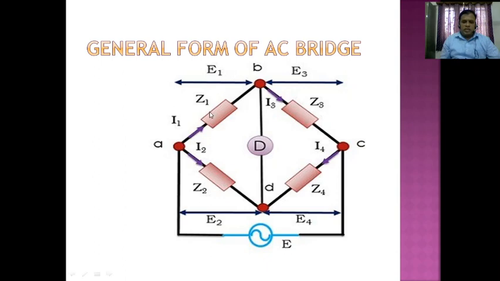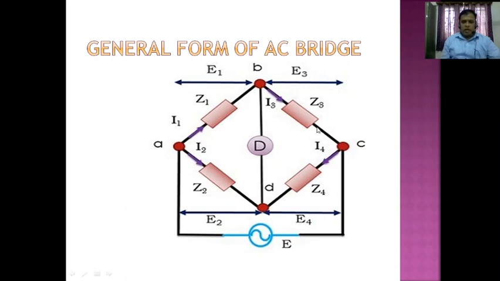This is the general form of the AC bridge, where we are showing the pictorial representation of this. Here we are having the detector that is connected between B and D, and also we are having here AB, BC, CD and DA. All these are the arms and this is the detector. As we have discussed already, the detector is connected between this B and D. Here E2 and E4 are the potentials of this arm, and E1 and E3 are the potentials of this particular arm AB and this BC.